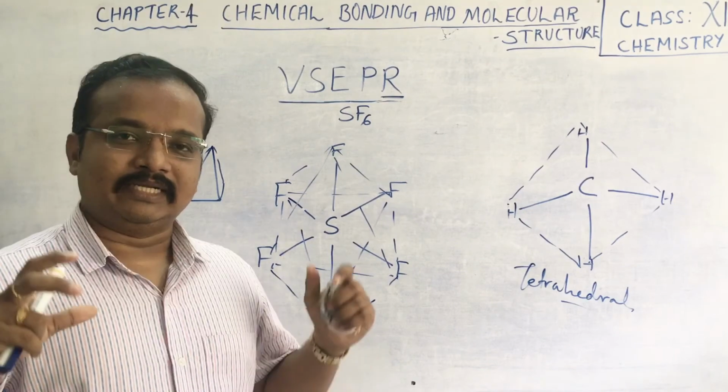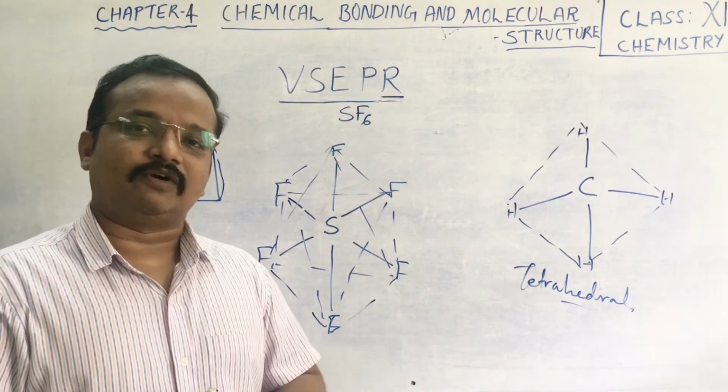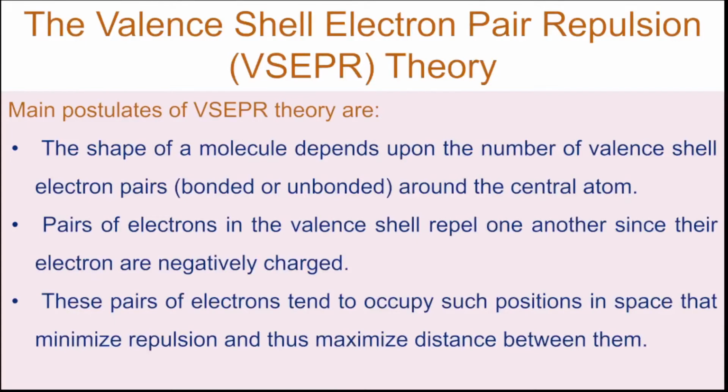Let us discuss the theoretical explanation of this theory in detail. So students, let us study the main postulates of VSEPR theory. The shape of a molecule depends upon the number of valence shell electron pairs, whether bonded or non-bonded, around the central atom.